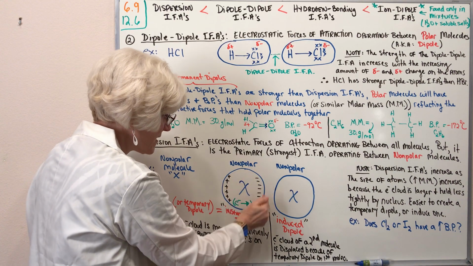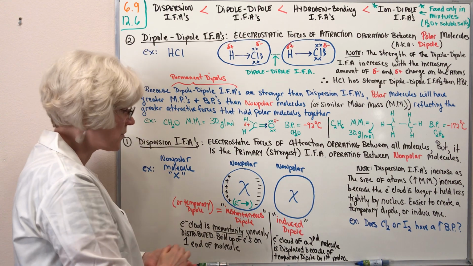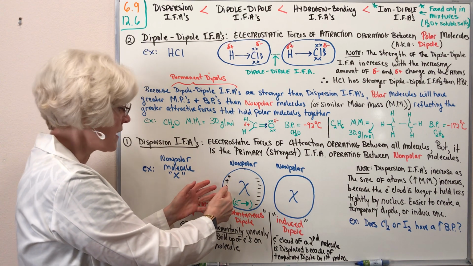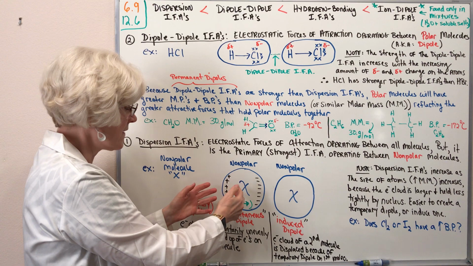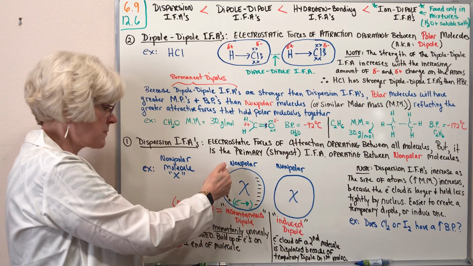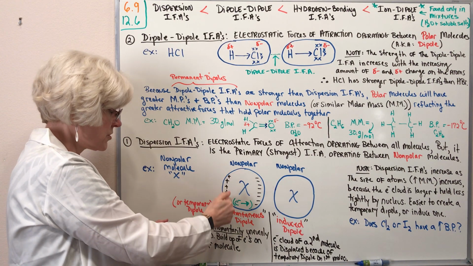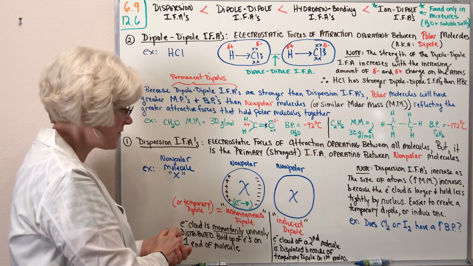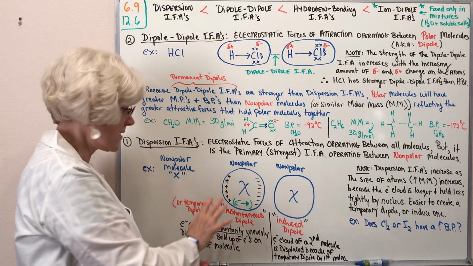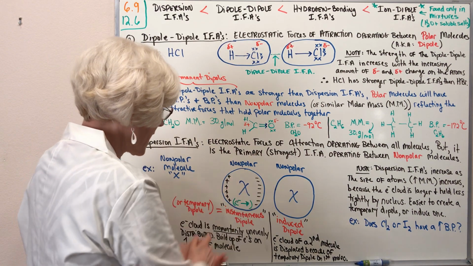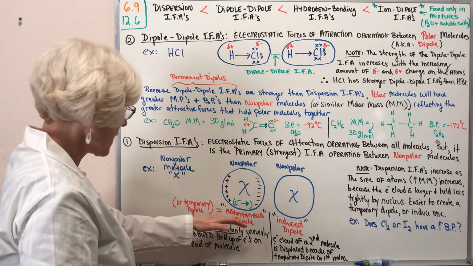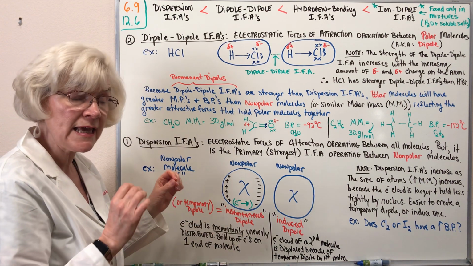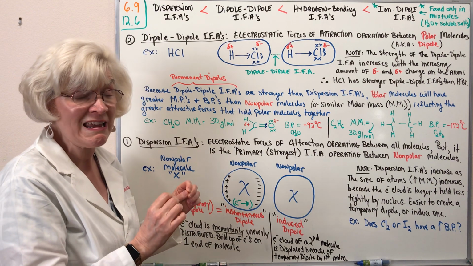The whole cloud has been displaced to the right end of this molecule, which means that there's less electron covering the nucleus or the nuclei of this nonpolar molecule, and this positive set of charges means that there's more exposure of the nucleus and the positive charge there because the electron cloud has been displaced to the right end of the molecule.